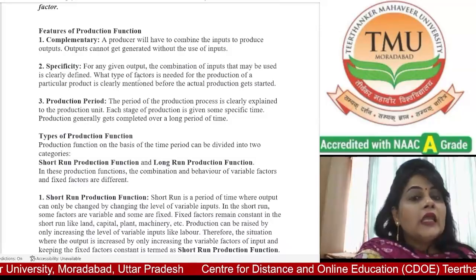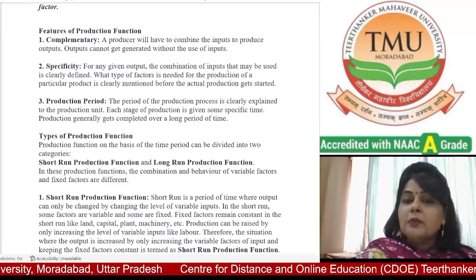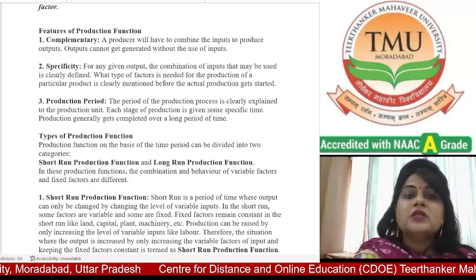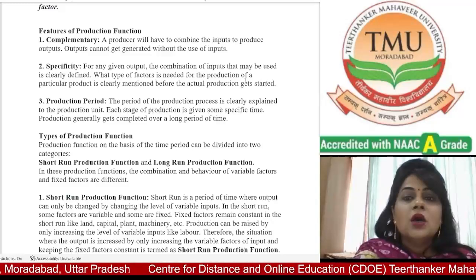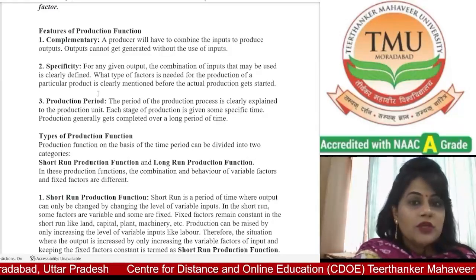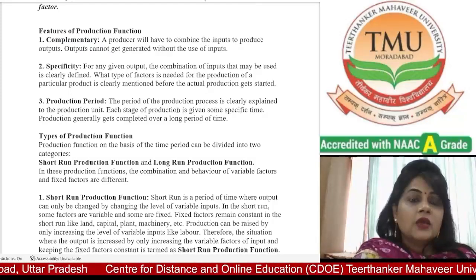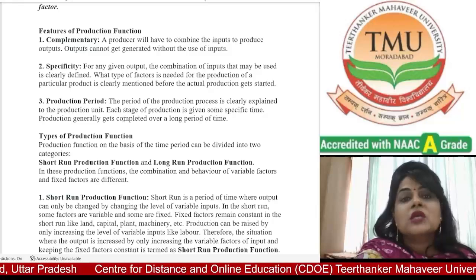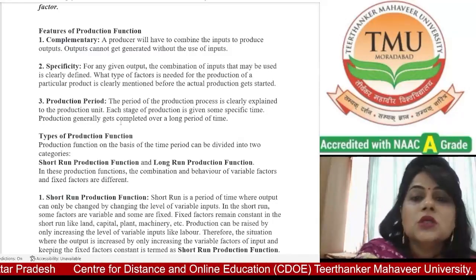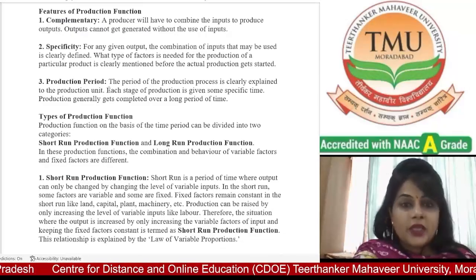Next, specificity. For any given output, the combination of inputs that may be used is clearly defined. What type of factors is needed for the production of a particular product is clearly mentioned before the actual production gets started. Next, production period.